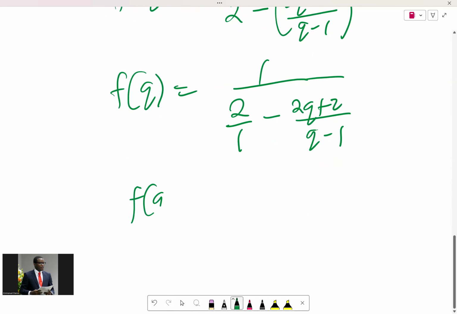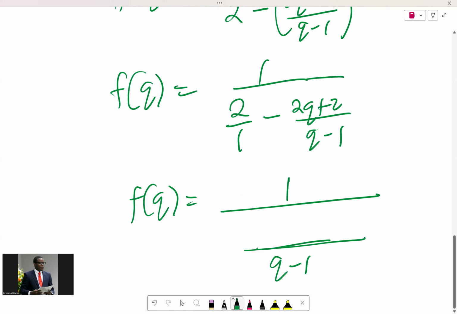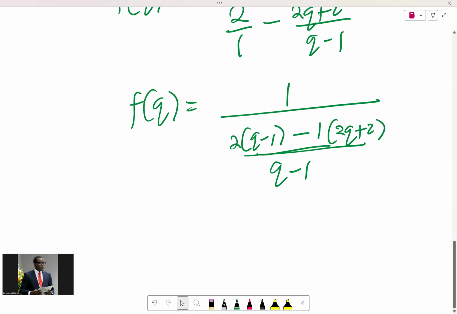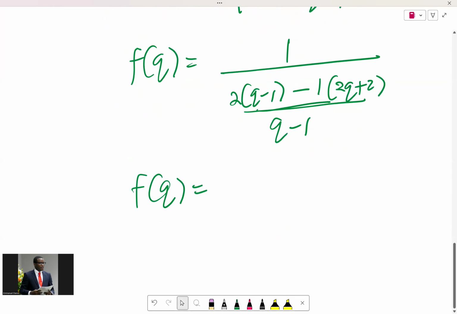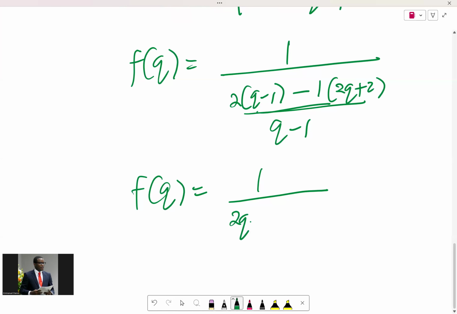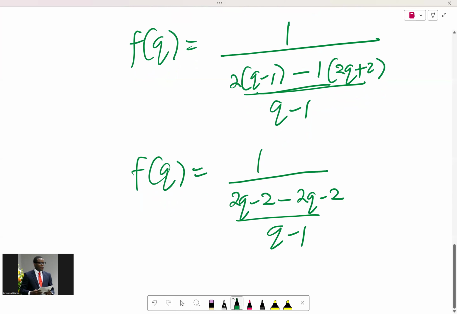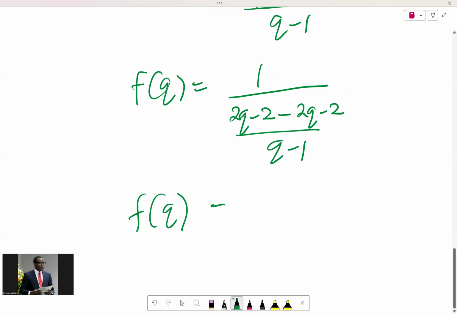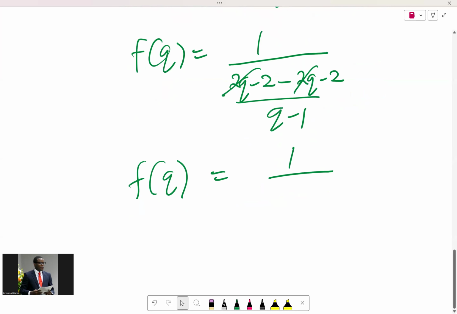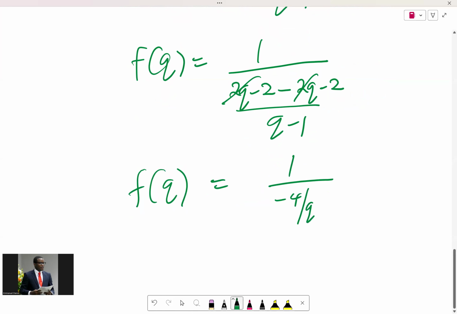So f of q is equal to 1 over (2q - 2 - 2q - 2)/(q - 1). The 2q cancels 2q, then you have 1 over -4/(q - 1).